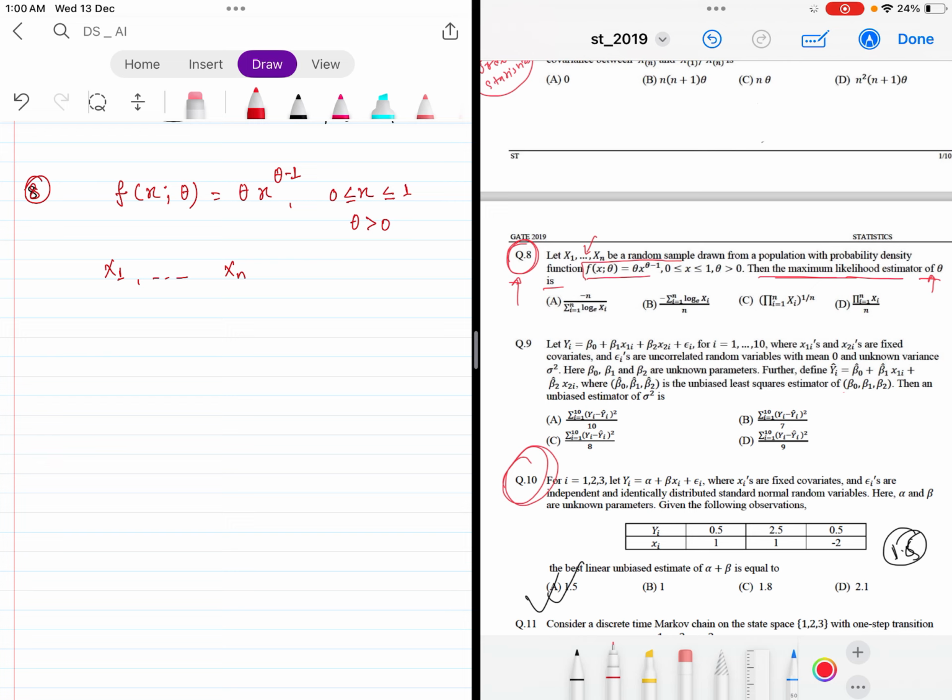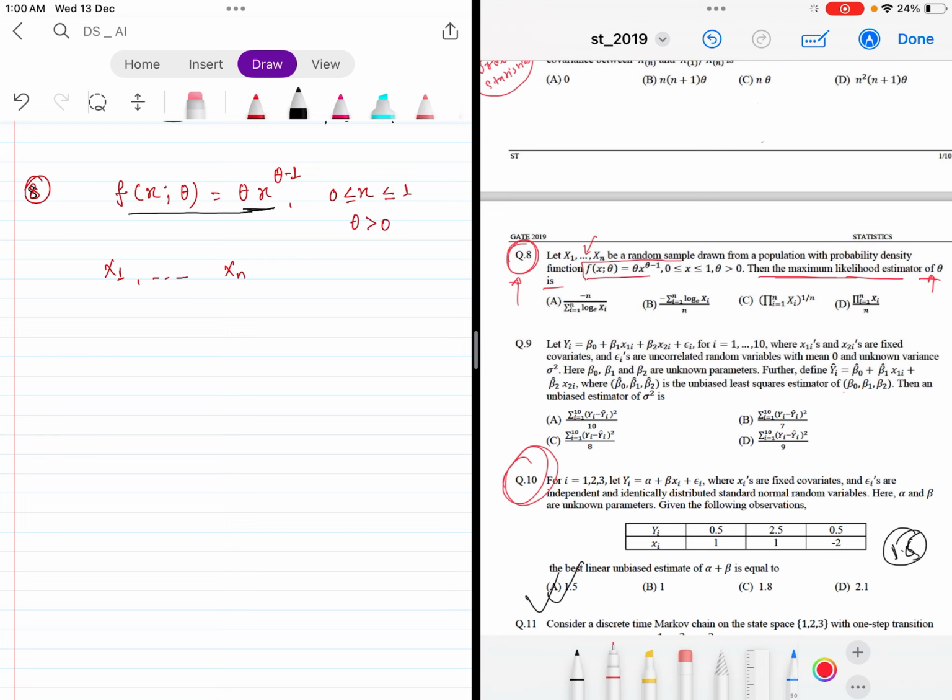So the first point is to write that all the samples will have the same PDF, the same probability density function.